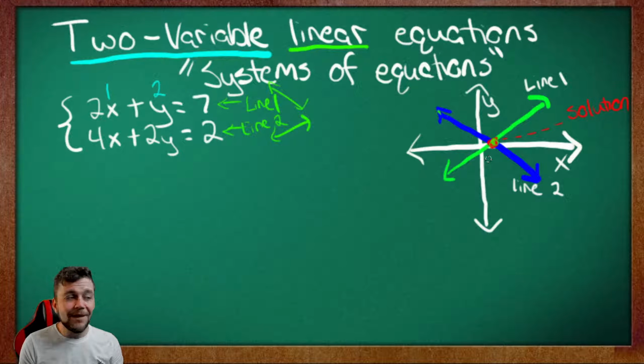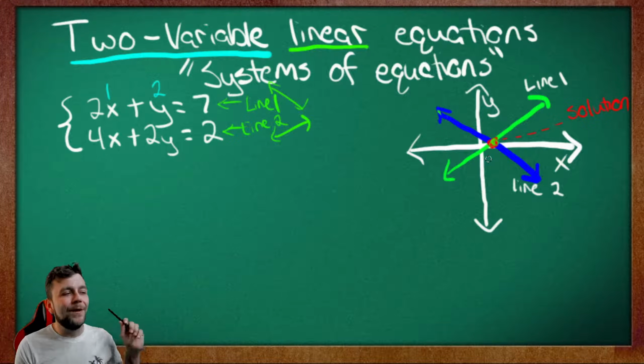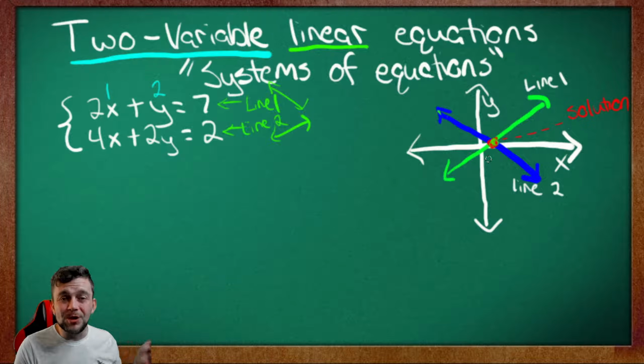Not all of the time, and someday when we get to that part, we'll go through it, but it's kind of easy to remember. If you have 3 equations, you're most likely going to have 3 lines. If you have 4 equations, you're most likely going to have 4 lines. There are some exceptions to this, but don't worry about the exceptions yet, okay?